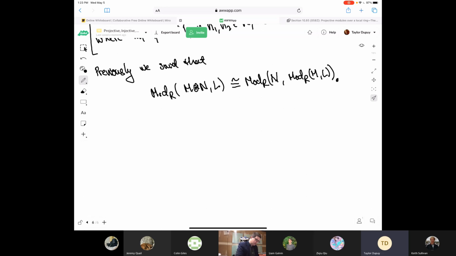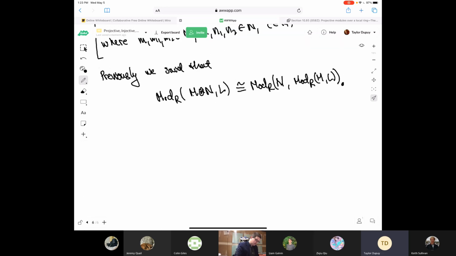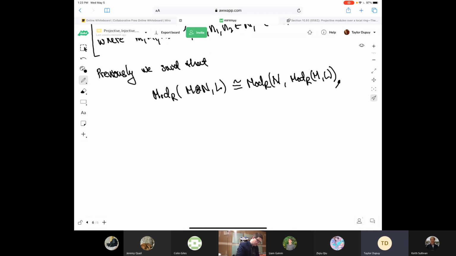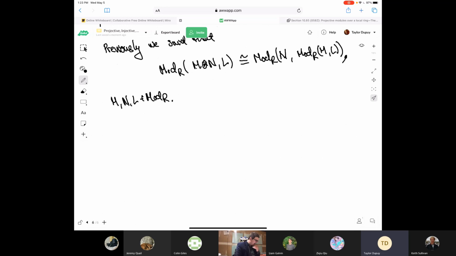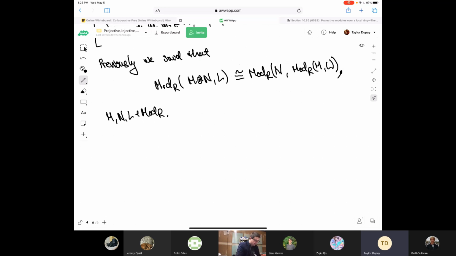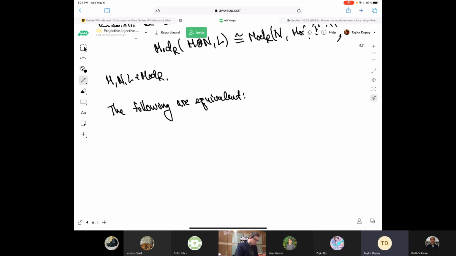Here M, N, and L are R-modules. Actually, the following are equivalent, and I'm just going to sketch this.